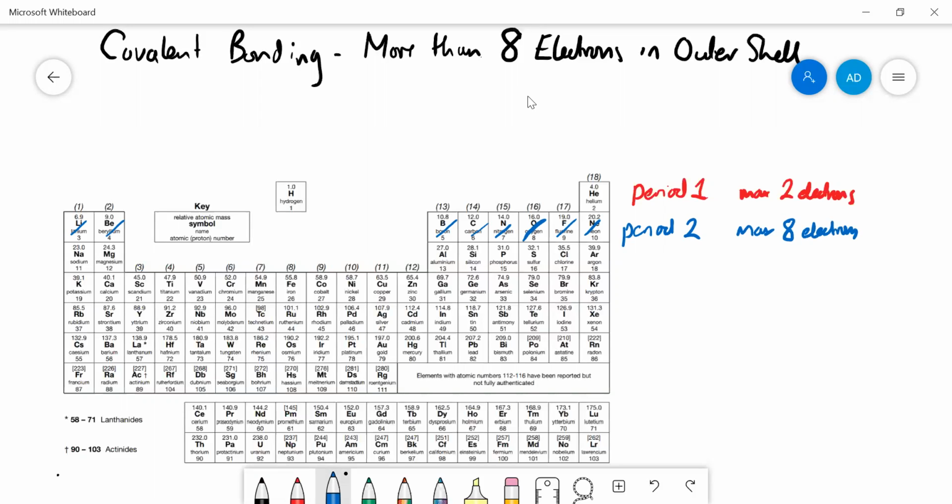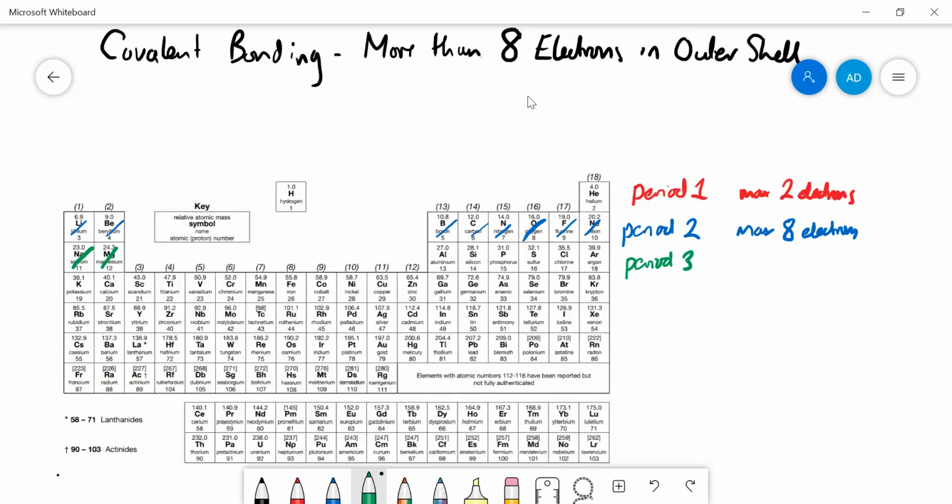Period 3, let's have a look at period 3. Now, this is where it gets a little bit complicated, because, as we'll see in a later topic, there's actually room for 18 electrons in period 3, because you've got sodium, magnesium, and then also this is called the D block, and there's room for 10 electrons there.